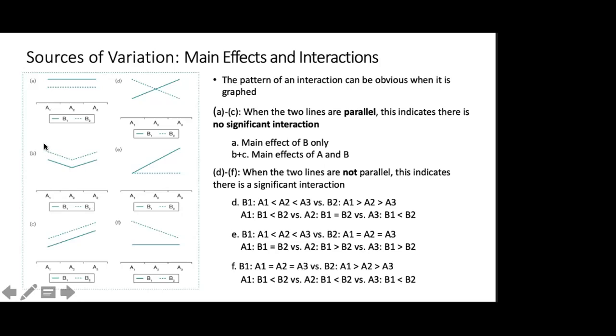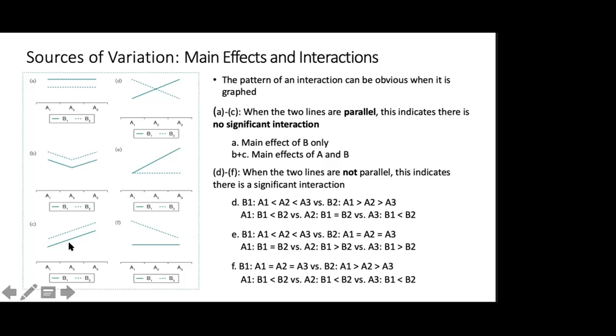So we have 2 main effects, right? But no interaction. The differences for A look exactly the same for B1 and B2, and the difference between the levels of B looks identical across all levels of A.